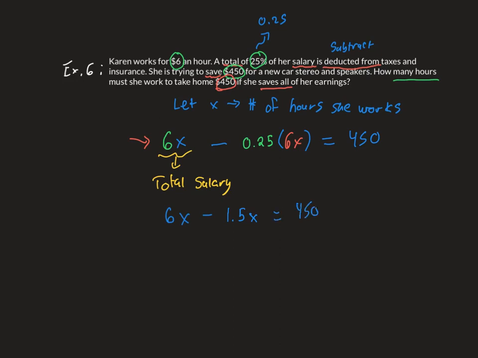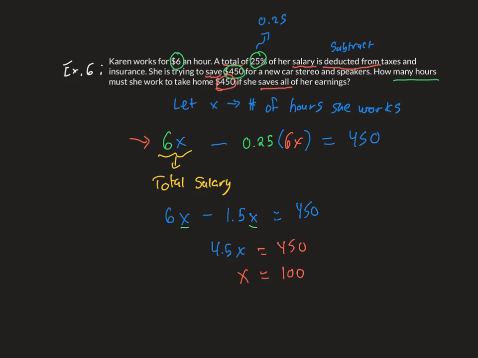So now you do 6 minus 1.5, which is 4.5x. I can do that because they're both x's. So they're both apples or pineapples. Is equal to 450. Okay, so x is equal to, you do 450 divided by 4.5, which is 100.